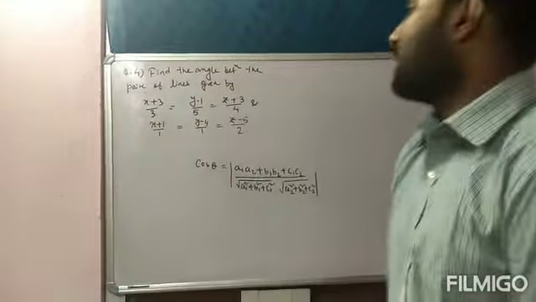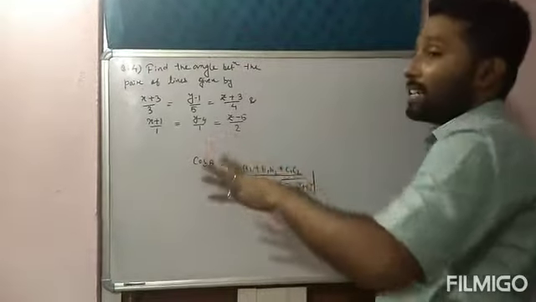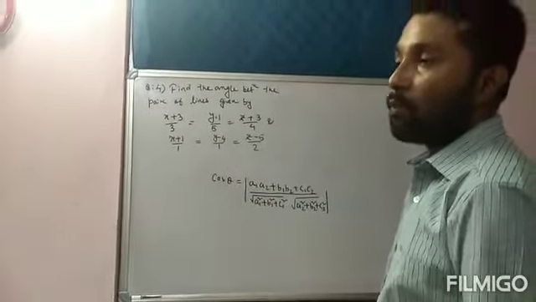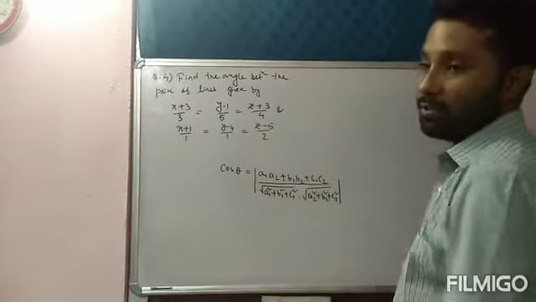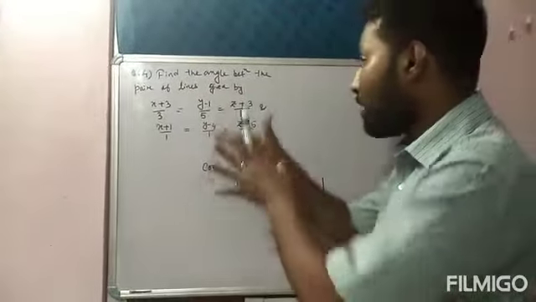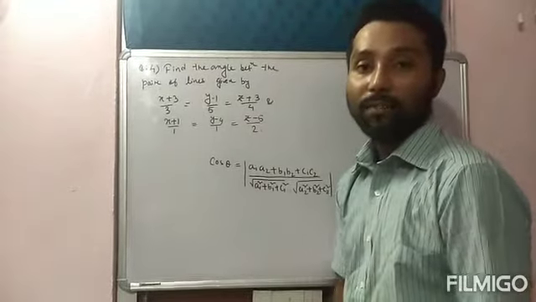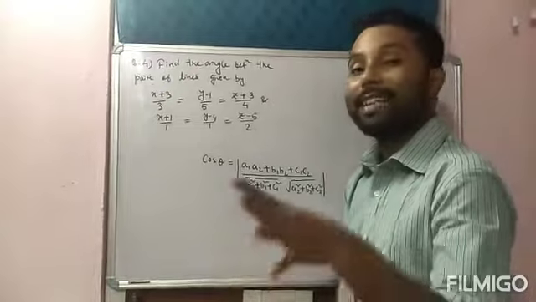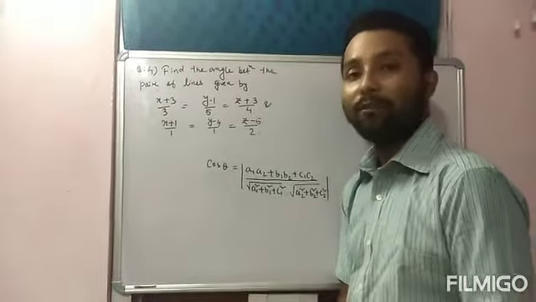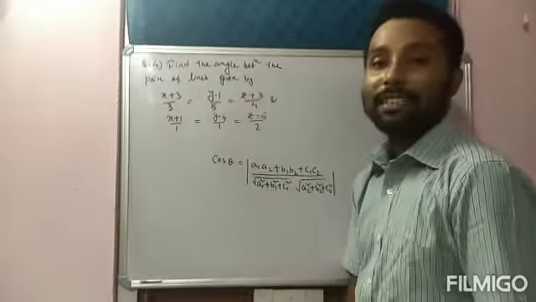So first check whether these equations are in standard Cartesian form or not. Why? Because we need a1, a2, b1, b2, c1, c2 values. So for this you have to compare the equations with the standard form. If it is not in standard form, you have to arrange it in standard form.